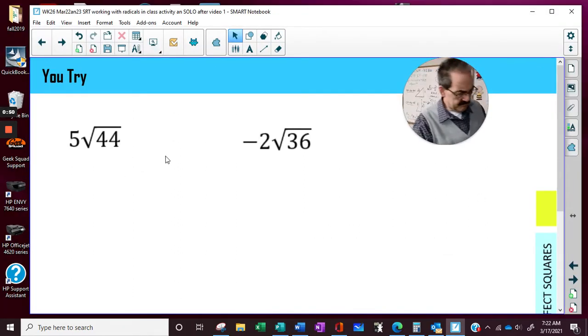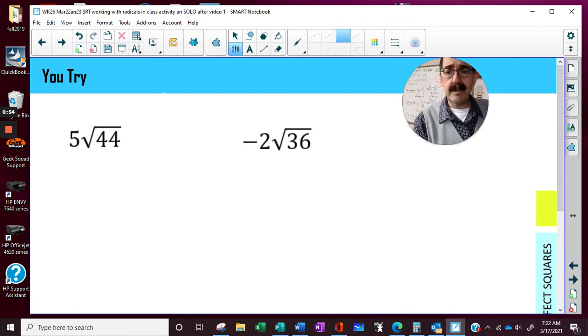44. What are things that multiply to 44? Yeah, absolutely. 4 times 11. So remember, in math, it's legal to rearrange multiplication. So 5 times the square root of 4 times the square root of 11.